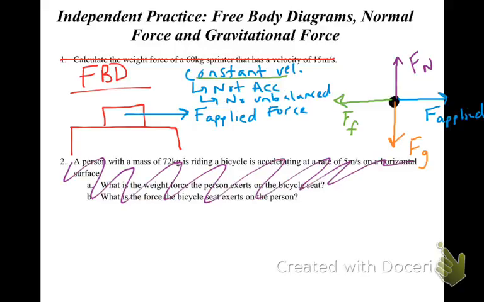Let's just say that we are dealing with an applied force of 1,000 newtons, and our object has a weight force of 500 newtons. Okay, so let's draw our free body diagram down here. Our applied force arrow is going to depict our 1,000 newtons.